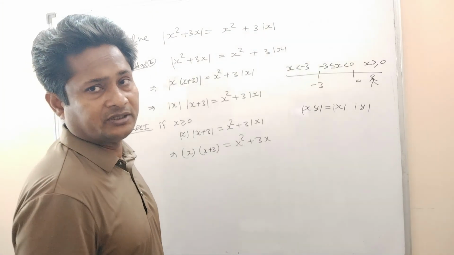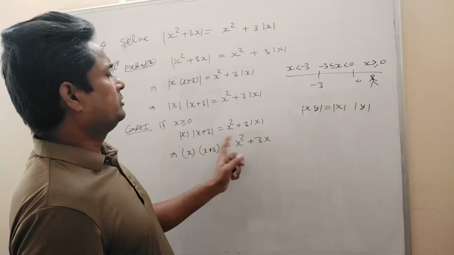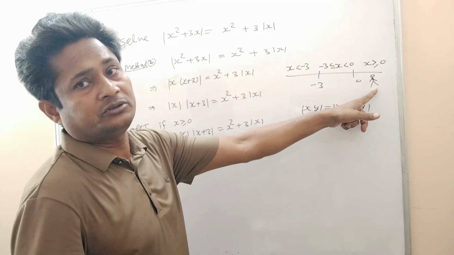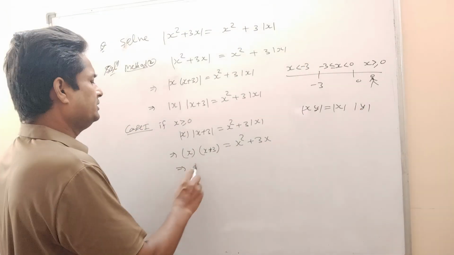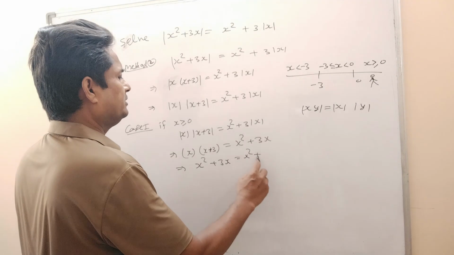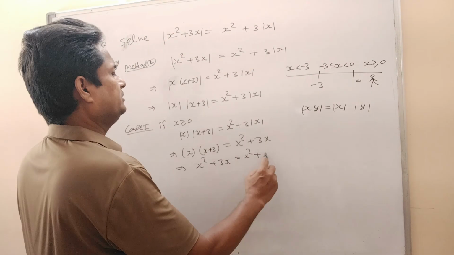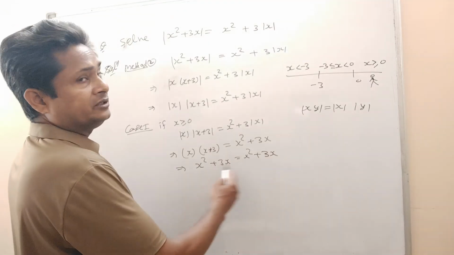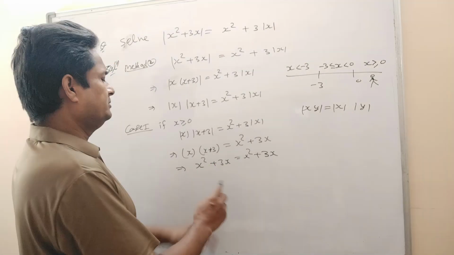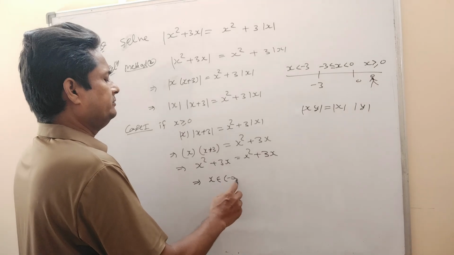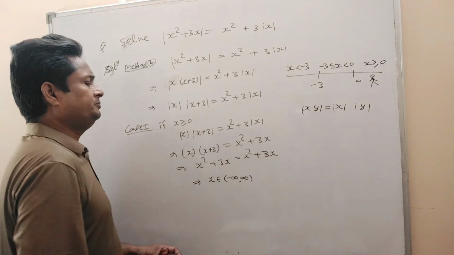All the modulus can be written with plus sign because we are right of both the roots. So this is x square plus 3x is equal to x square plus 3x. Now this is an identity. So solution of this one is what? X belongs to minus infinity to infinity.